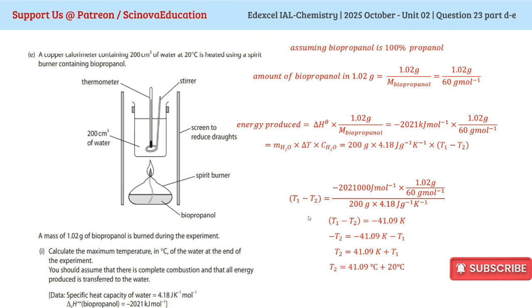So straight away I'm converting that into degrees Celsius. So I'm getting T2 equals 41.09 degrees Celsius plus 20 degrees Celsius, and the final temperature is 61.09 degrees Celsius, the final temperature of water.